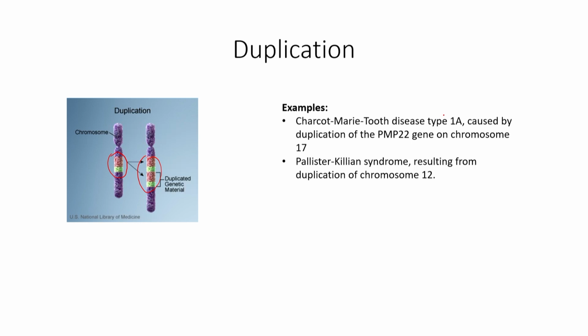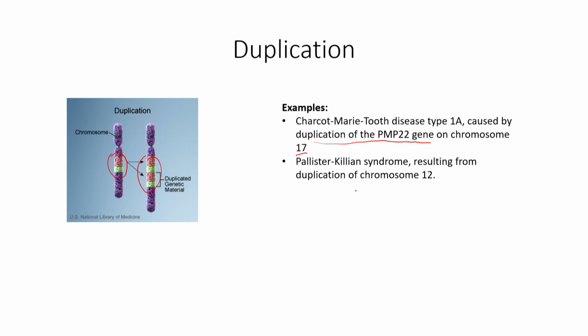Charcot-Marie-Tooth disease type 1A. This is caused by duplication of the PMP22 gene, which is present on chromosome 17. The other example is Pallister-Killian syndrome.